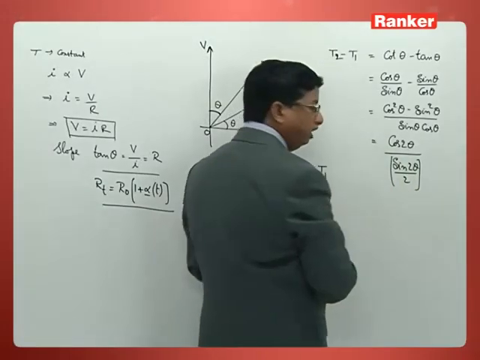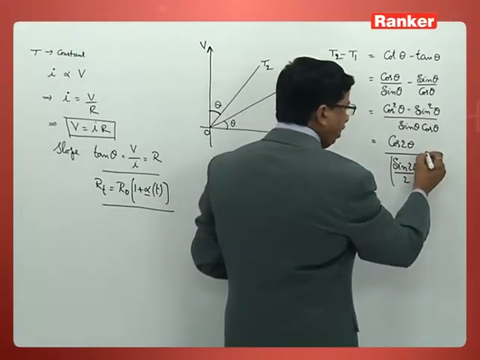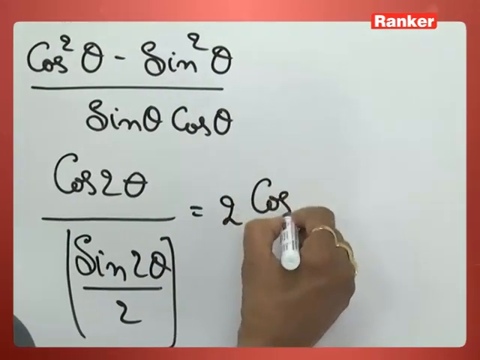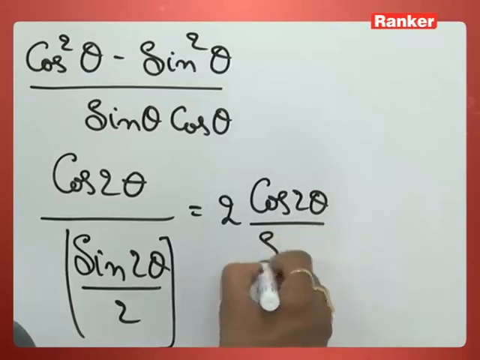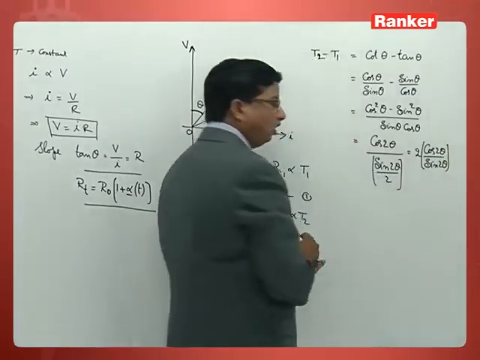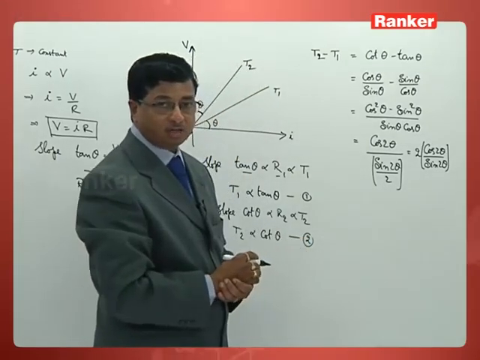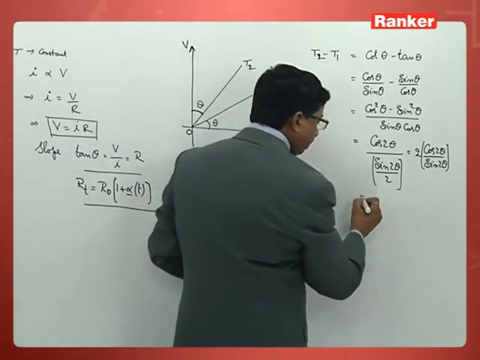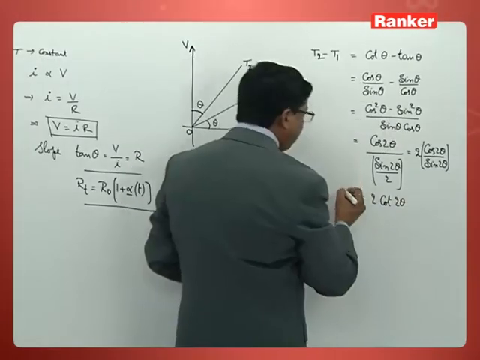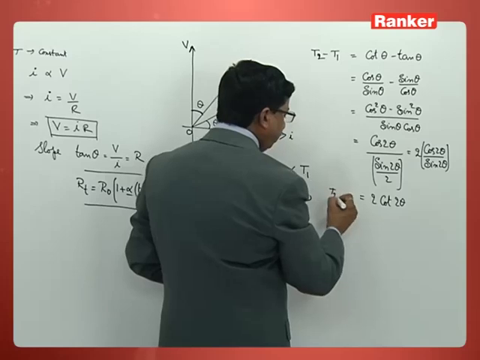This is the denominator. So what can we write now? This can be taken as 2 cos 2 theta by sin 2 theta. You all can understand cos by sin again is cot. So we directly can write 2 cot 2 theta. That is the value of T2 minus T1.